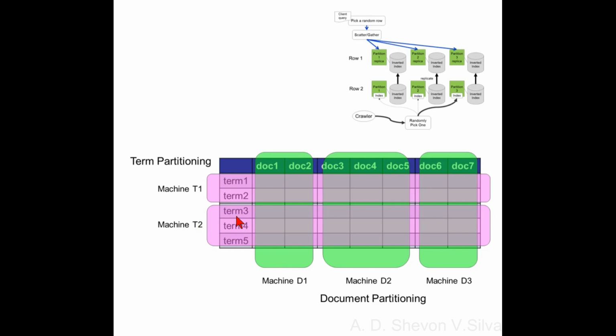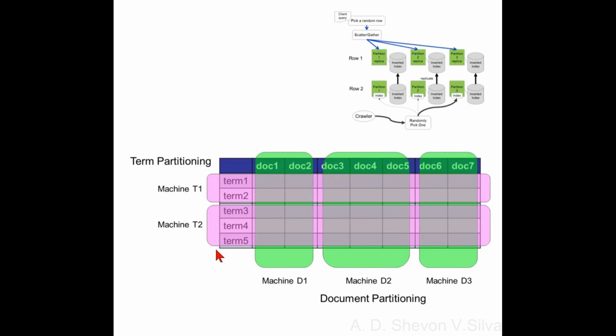We will discuss the document partitioning as it's the most commonly used. Distributed index is provided by other technologies that are built on Lucene, such as Elasticsearch.